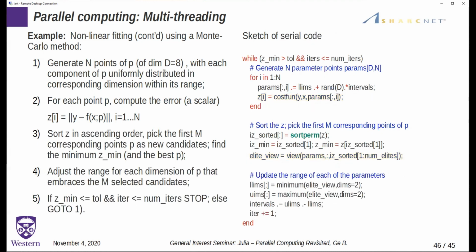And we update the range of each of the parameters based on the m selected candidates referred to by the view, by calling the Julia functions minimum and maximum. And then we continue. Now, let's take a look at the actual code and the test runs.